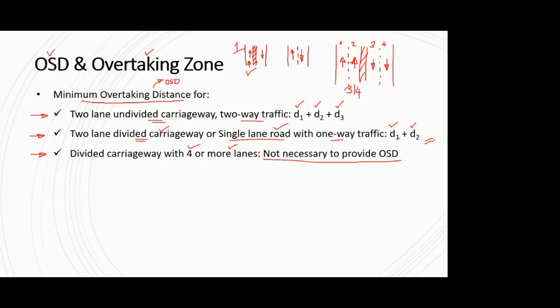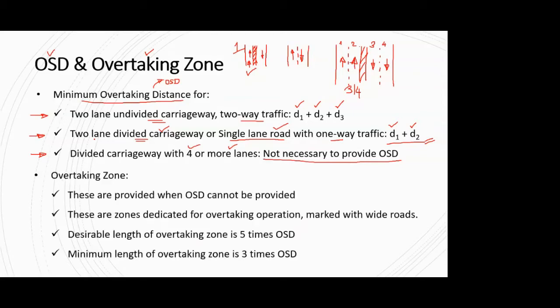It's the same case as the second one, in which you have D1 plus D2 because there is no interference between the opposite direction traffic. Okay, so these are the points to remember related to the lane system and the lane configuration and the traffic flow, whether it's two-way or one-way.